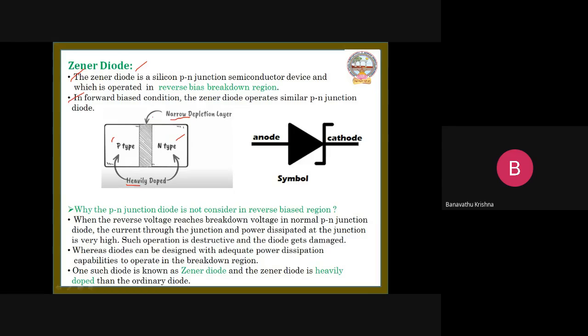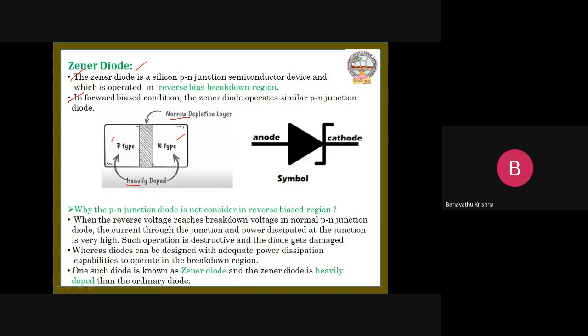As I told you in the first slide, in forward bias condition it operates similar to the PN junction diode, and only in reverse bias condition can we observe the Zener diode operating differently.